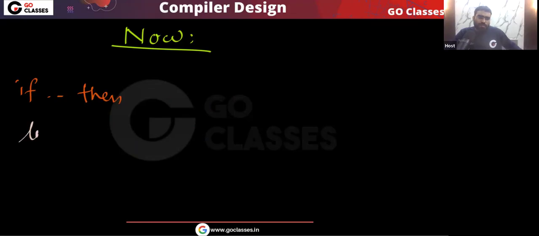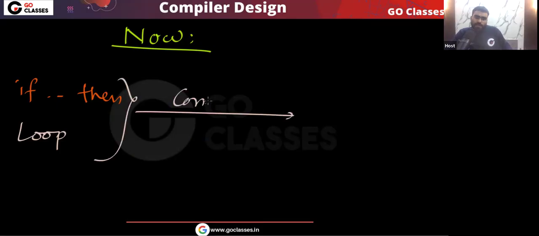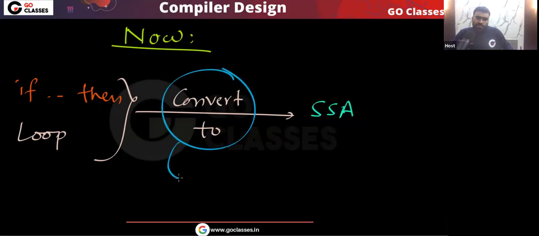Now we are going to see how to convert conditional statements, if-then statements, or loops, to SSA. To convert these things to SSA, we use the concept of the Phi node. This is a very simple concept.